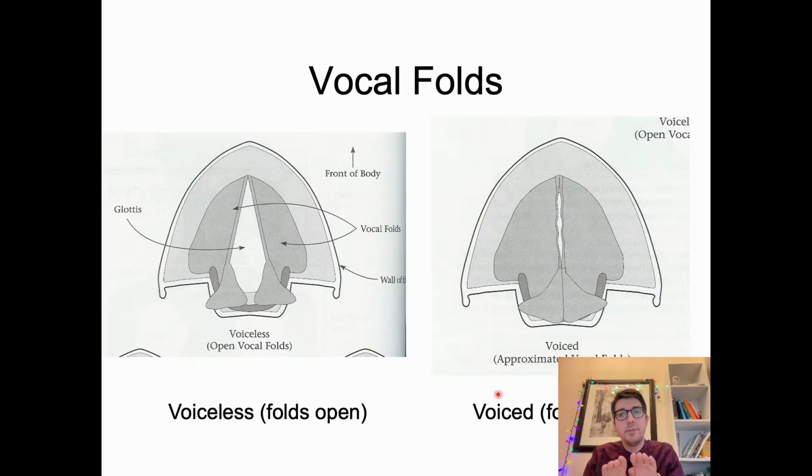They are folded together, brought together, and because they are really light tissue, they are being moved by this air, by this air that is moving through the trachea from the lungs, and the air pressure differences are moving the vocal folds up and down very, very fast.